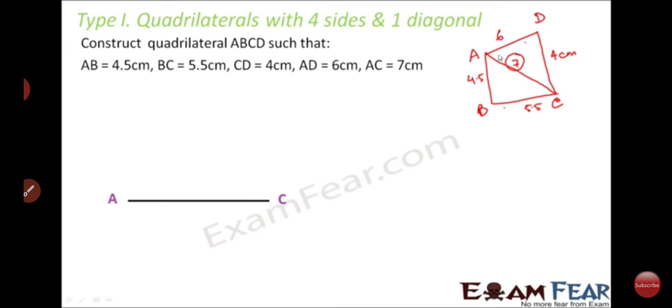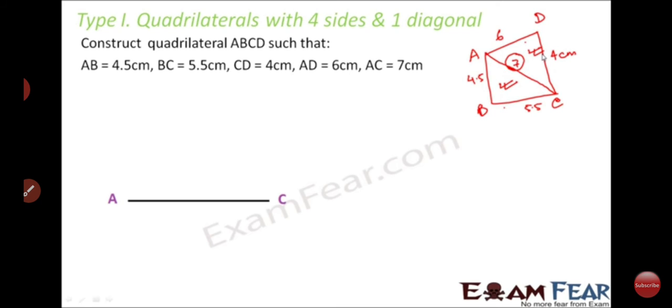Now there are two triangles, triangle ACD and triangle ABC. So you know how to draw the triangles. If you know all the sides, you know how to draw the triangle, as in 7th standard we have constructed.